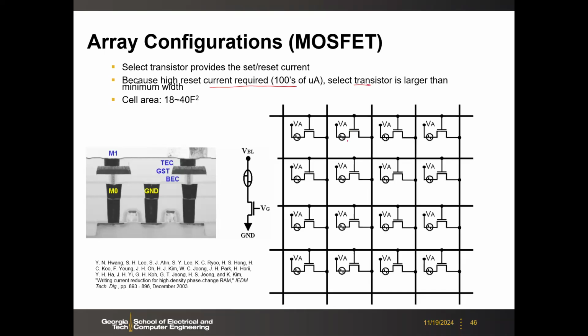So the access transistor W over L is larger than 1, right? So that makes the cell area up to like 40 F² or even 50 F² because W is large. So typically here you have the transistor down here, and then here you have the contact wire to the drain, and then you make this mushroom structure here on top of that.